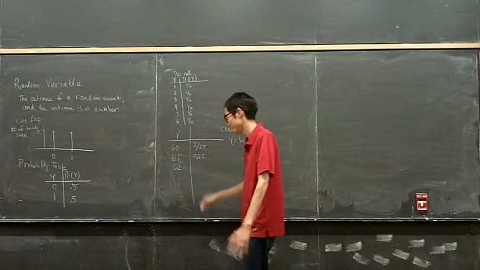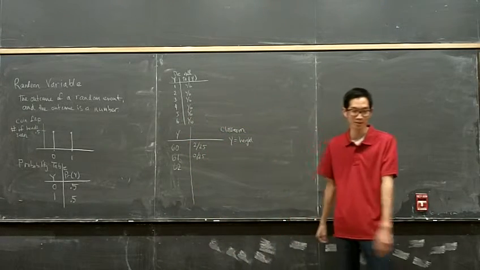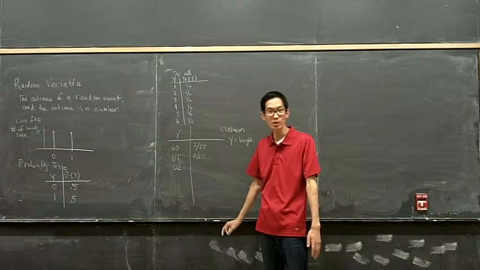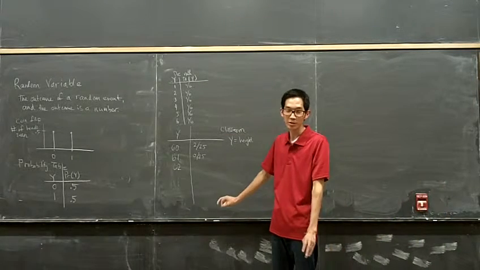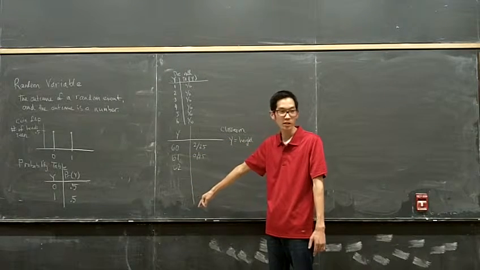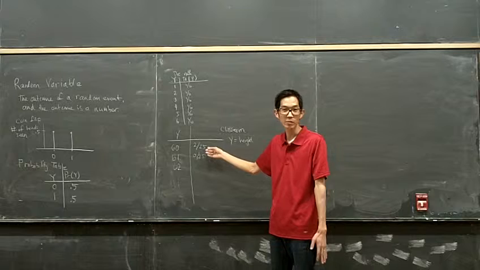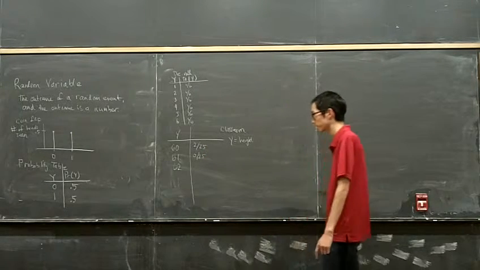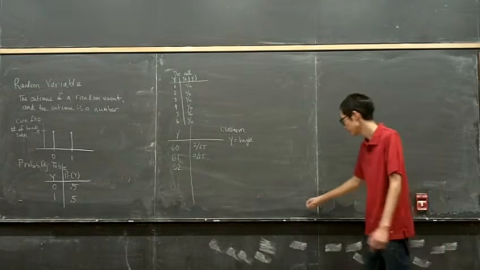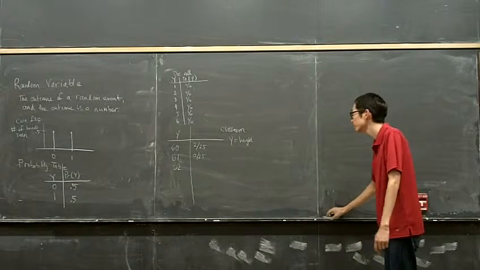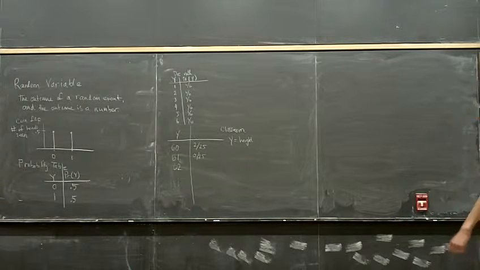It's harder to do. But we could create a probability table showing all the possible outcomes of y and the probability of getting that particular value. So let's try something simple.